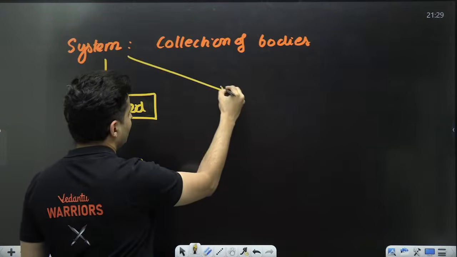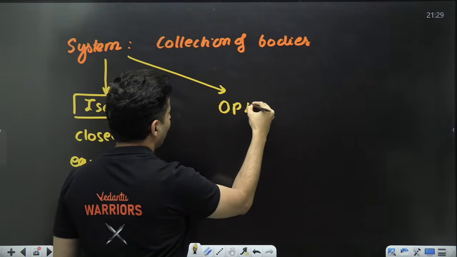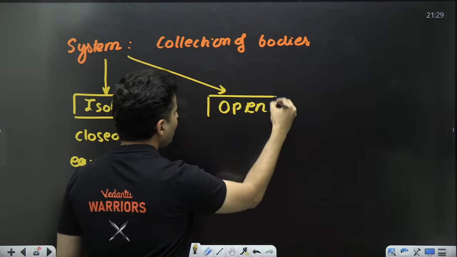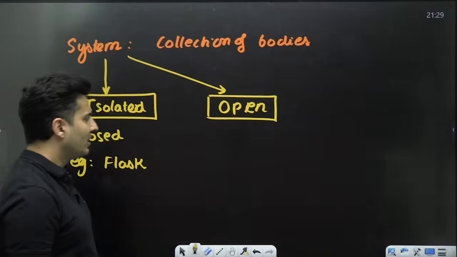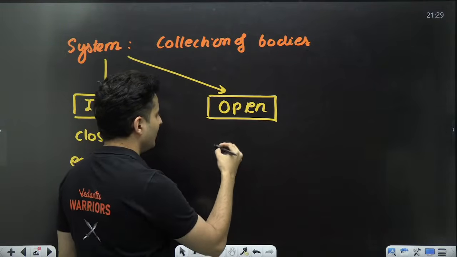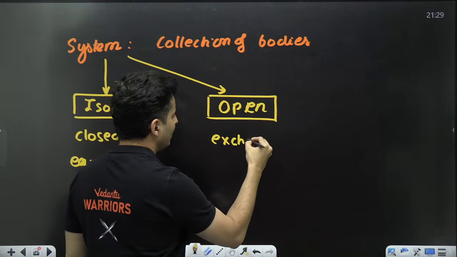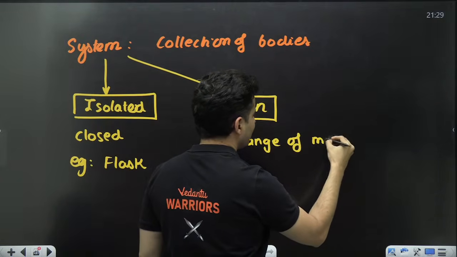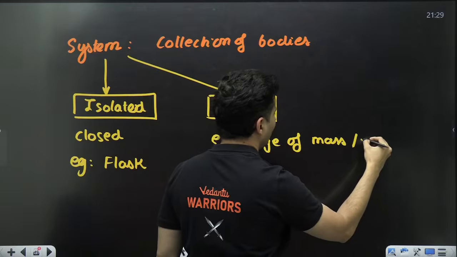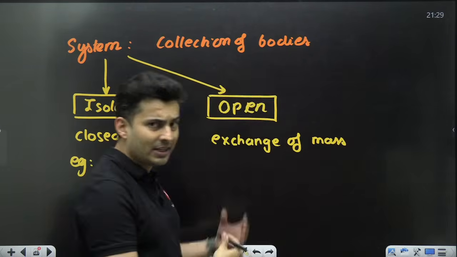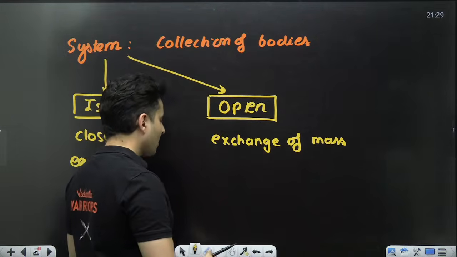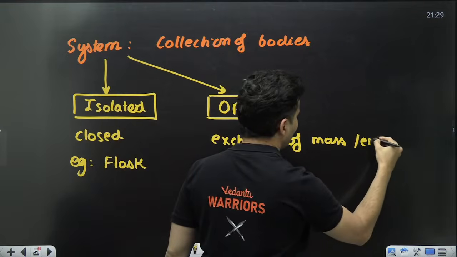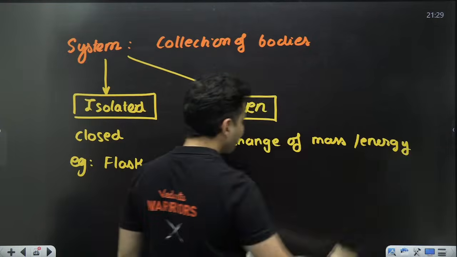At the same time, a system can be an open system, so that means there can be exchange which can happen. So there can be exchange of mass, or basically the particles can go in and out of it, right? As well as the energy can also go in and out of it.